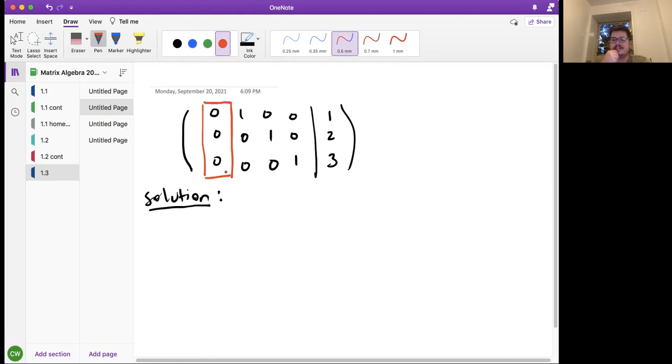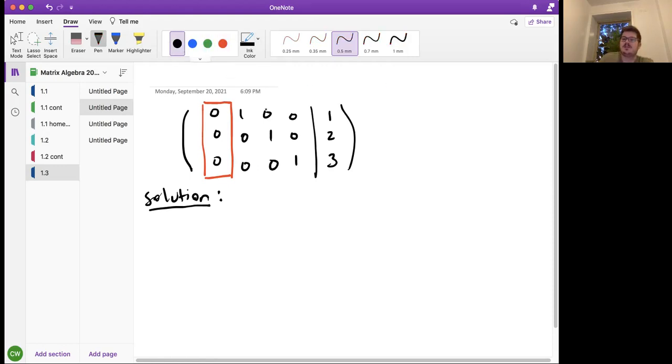So the first x variable, when we express a solution, it's not 0, it's actually anything.